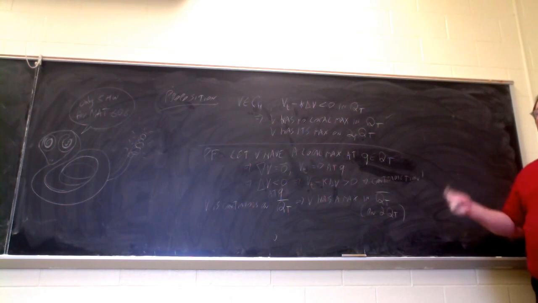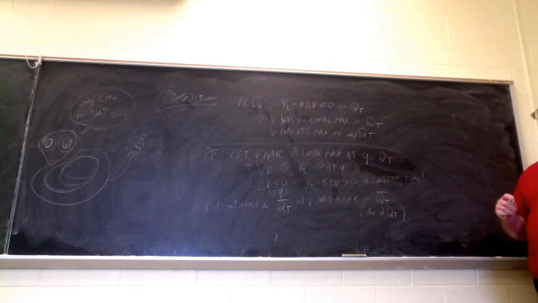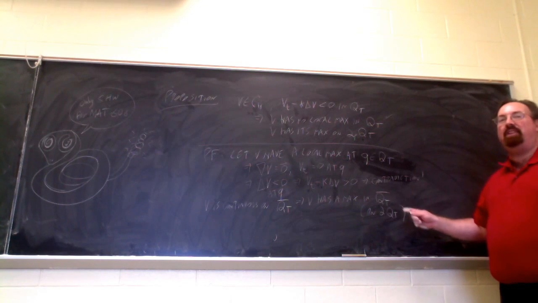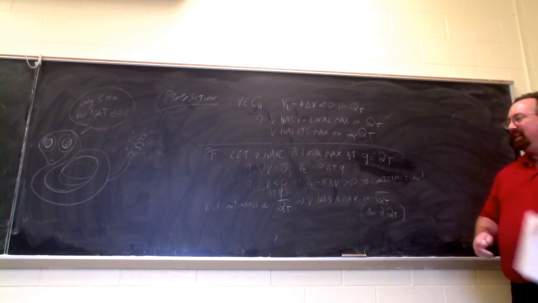What's the difference between the boundary and the parabolic boundary? The picture's over there. The lid. So I have to make sure that wherever this maximum is, it cannot be on the lid.